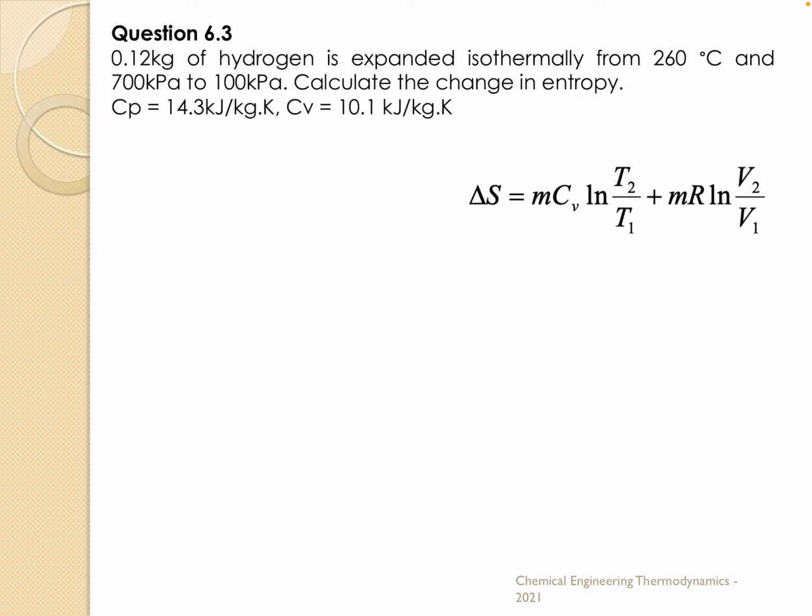Still going to use the same equation. The first thing we need to do is identify what kind of process. So here it is spelled out, isothermally. Again, let's look at what do we have, what are we looking for. So a mass, we have been given M, 0.12 kilogram. We've also been given pressure, so we have initial pressure and final pressure. So P1 equals 700 kPa.